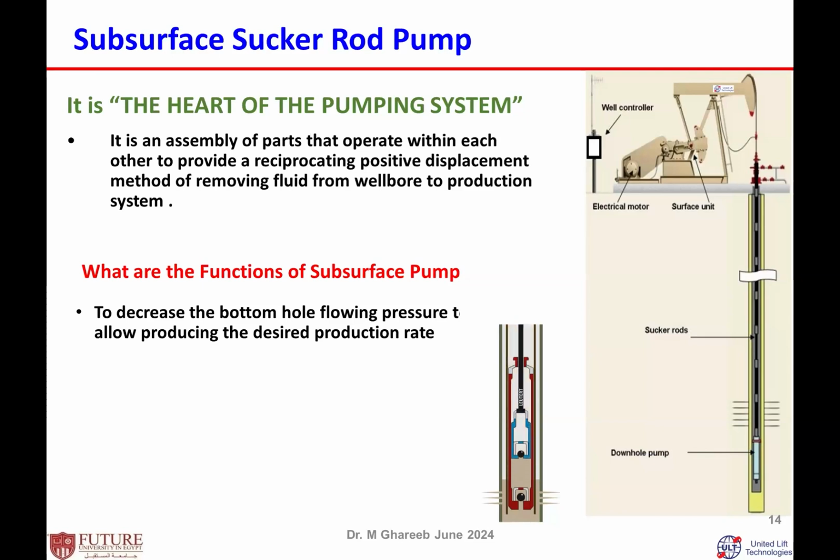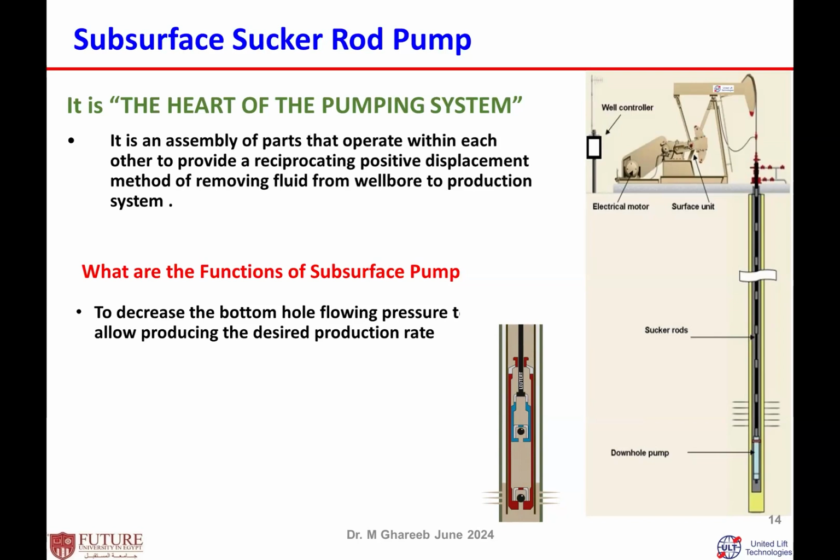According to your inflow performance, you design to produce a certain volume from the well based on your productivity. Based on that, you must decrease the bottom hole flowing pressure to a certain value, but at that value the bottom hole flowing pressure may not be high enough to lift the flow to the surface.